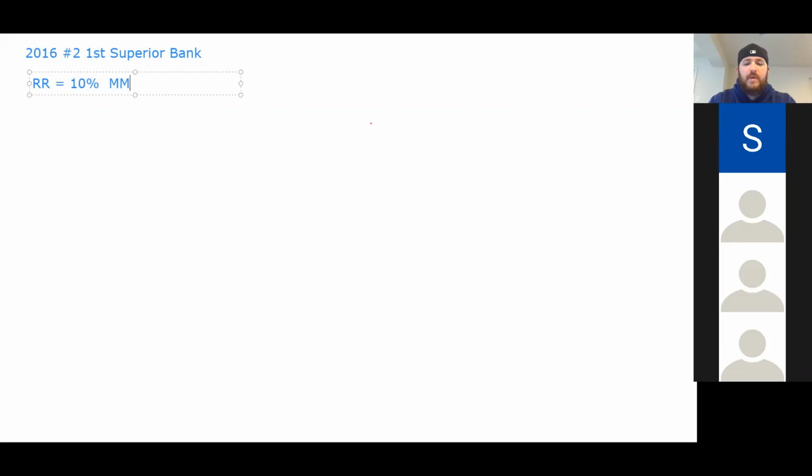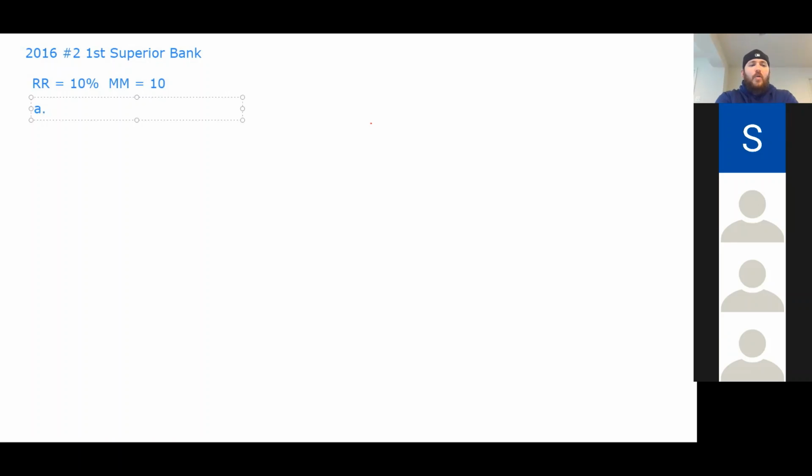And then I like to give myself the money multiplier right off the bat. We know that the money multiplier is 1 over the reserve requirement. So in this case, it's 1 over 0.1. So our money multiplier is going to be 10. And that's before I've even done anything. I have this information available for me to answer the questions as they come along.